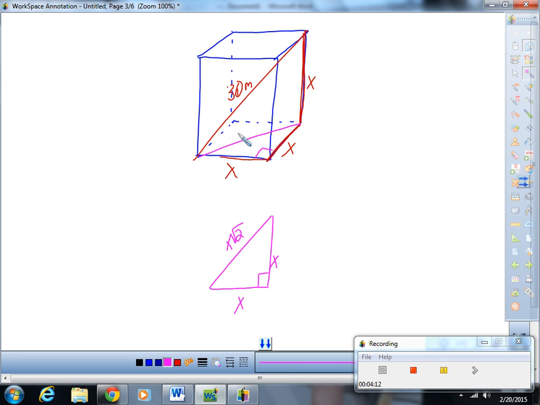So I know that this is x radical 2. That's an example of how I had to do another problem in order to solve for what I was missing. So now I can say that x squared plus x radical 2 squared equals 30 squared. x squared plus, that's 2x squared.